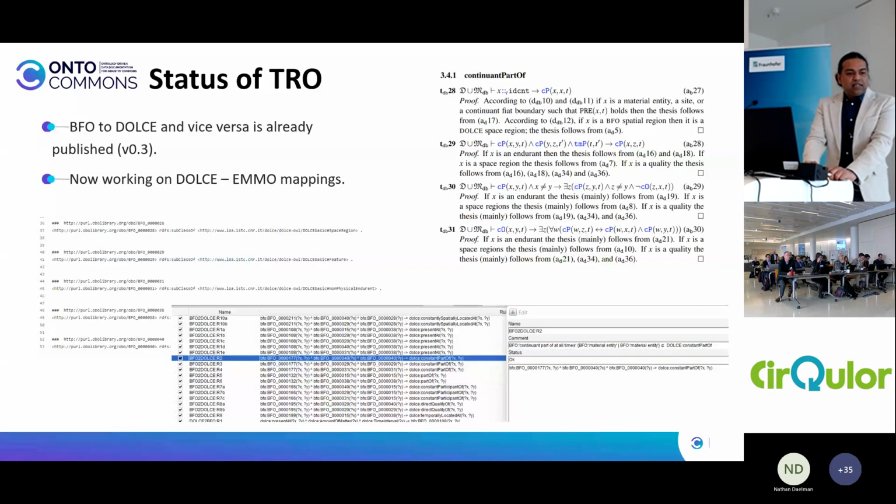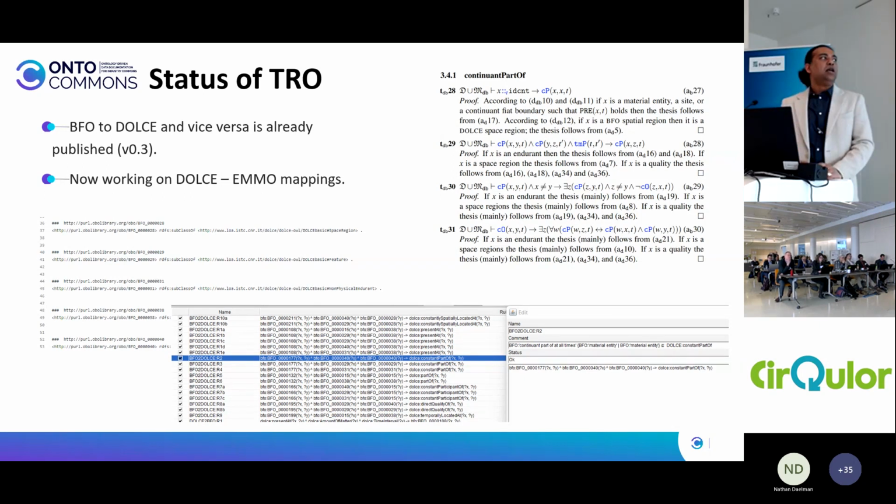So to go into the detail of the current status of this alignment of the ontologies, we call this the top reference ontology. However, there is no ontology as such. This is the mapping between different top-level ontologies. We call it the top reference ontology, and the work in this area is extremely formal.